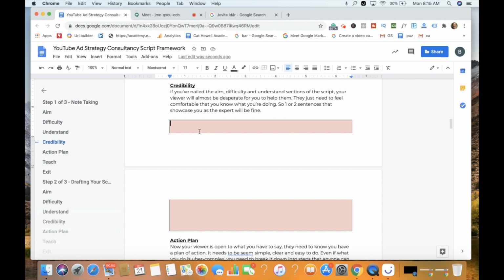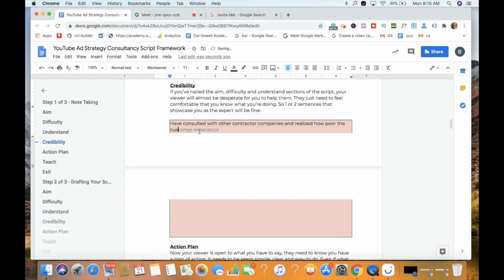But I think what gives us credibility is that we consulted with other construction companies for years and realized how poor the customer service was and how they didn't have the right systems in place. So we created our company because we saw that we could serve the community in a much higher capacity.